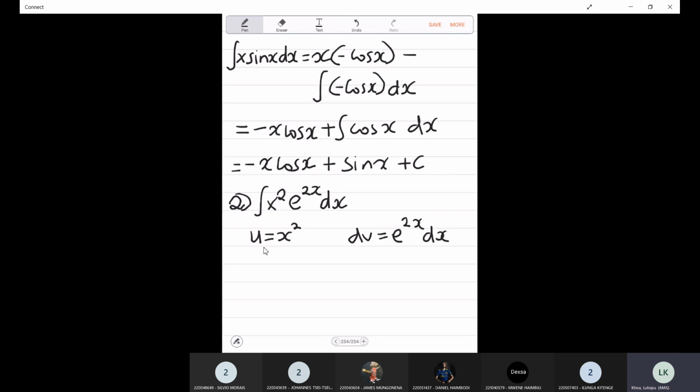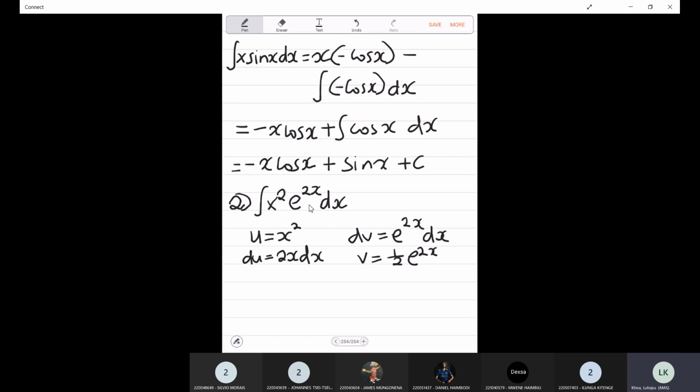So I differentiate u, we get du is equal to 2x dx, and then v is the integral of e to the power of 2x, which is e to the power of 2x divided by 2, or just half e to the power of 2x. So now that I have these four terms, I substitute them into the formula.